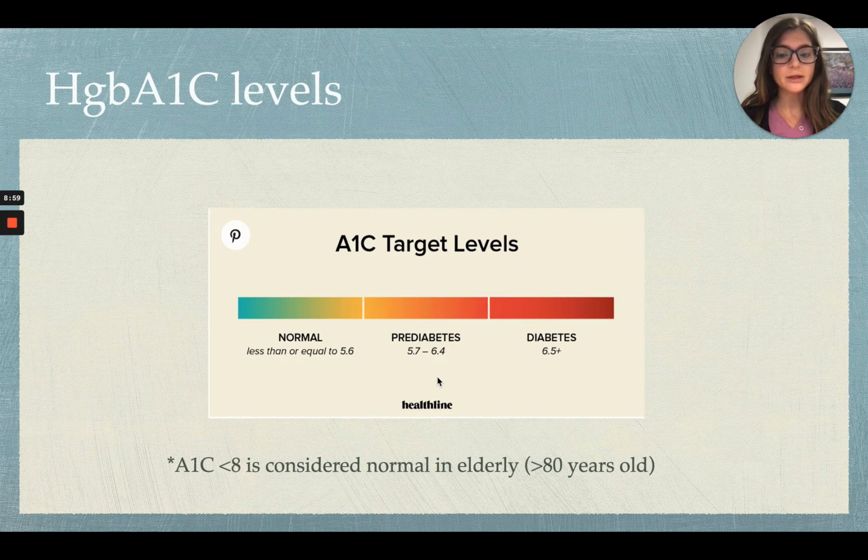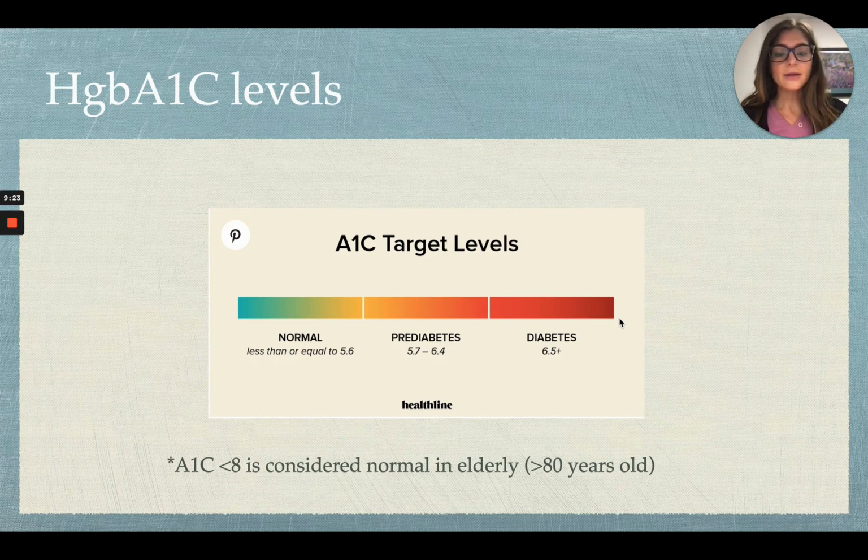Those A1C levels will be around 5.6 to 6.4. For an individual with diabetes, an A1C above 6.5 is an indicator of diabetes. That's how we measure the blood glucose level over time.